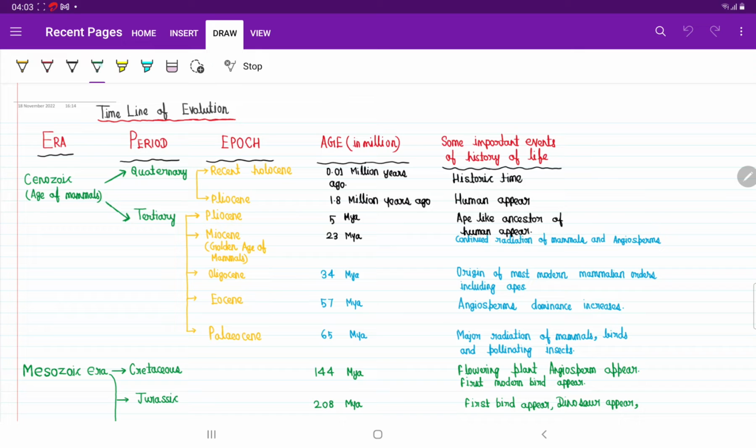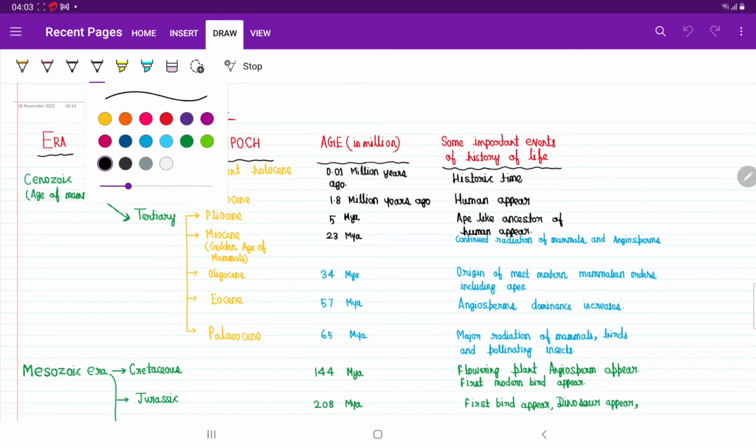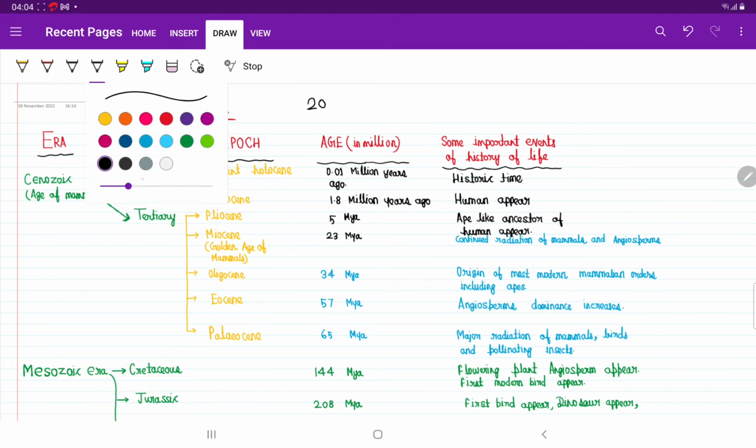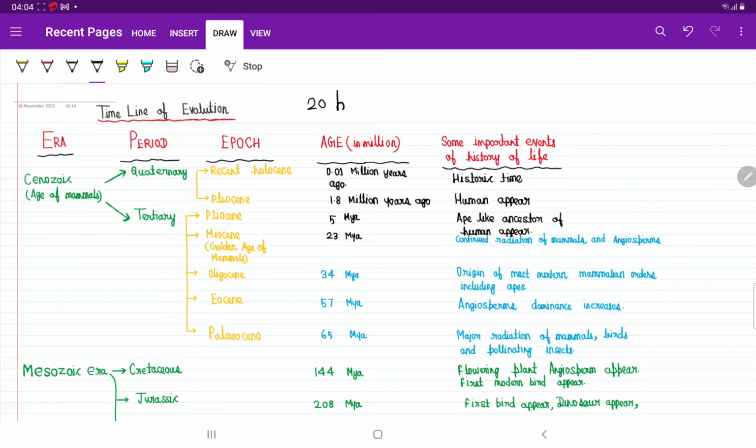Scientists believe, according to the Big Bang theory, that 20 billion years ago, due to one huge thermonuclear explosion, this universe originated, and nearly 4.5 billion years ago our Earth originated.